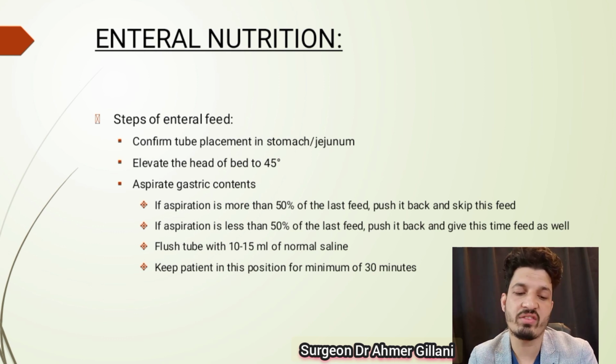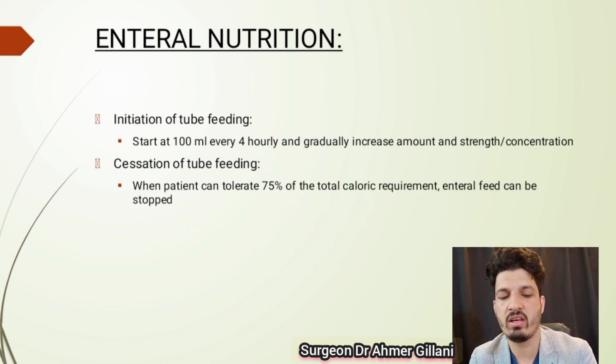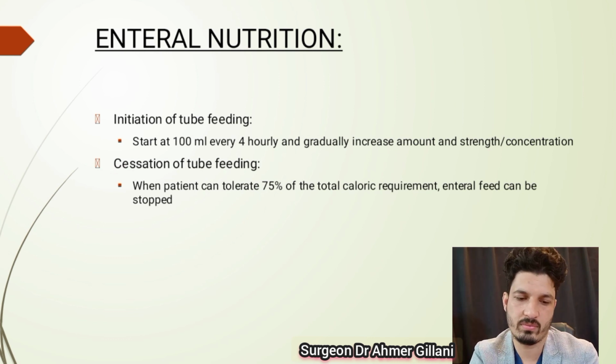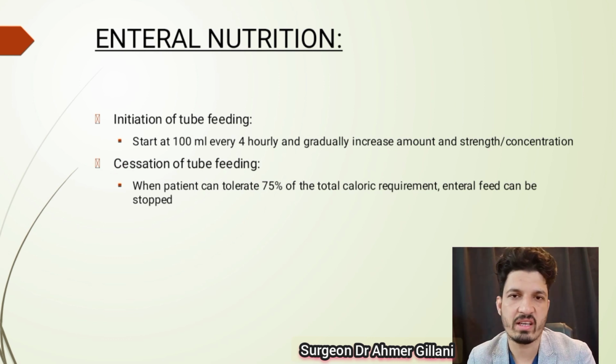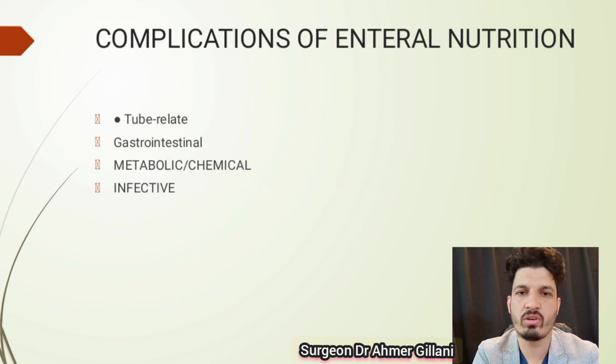And for initiation of the tube feeding, start at 100 ml every 4 hourly and gradually increase the amount or strength concentration. And how we should cease the tube feeding: when a patient can tolerate 75% of the total caloric requirement, enteral feed can be stopped. So there are various complications. I will just scroll the slides, and if you are interested, you can take the screenshots and memorize this.